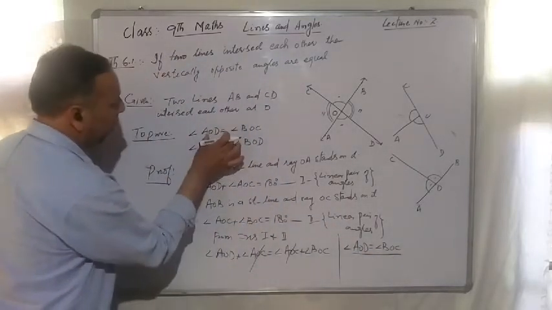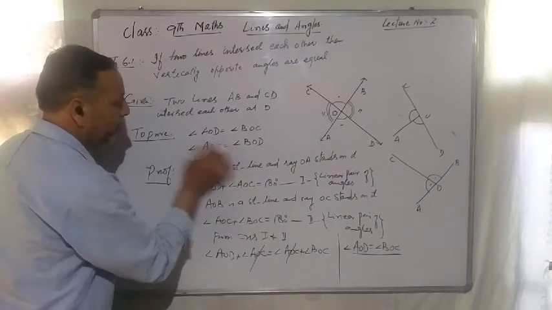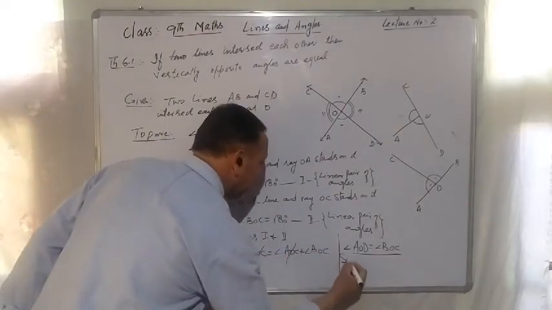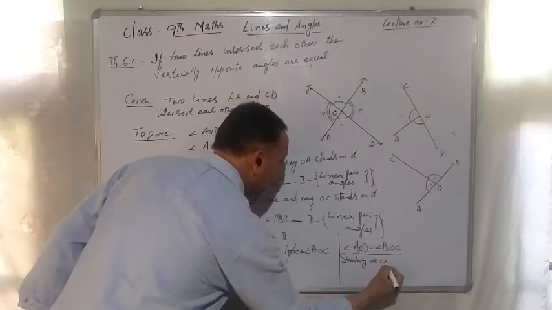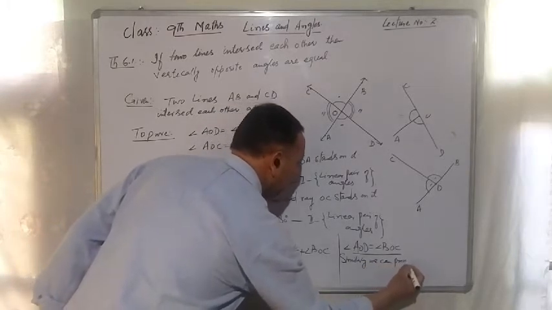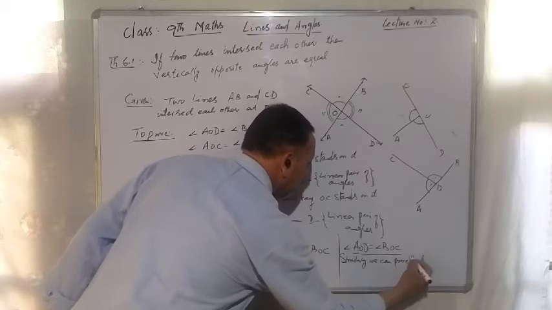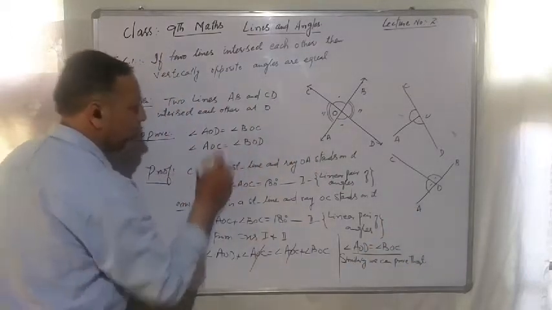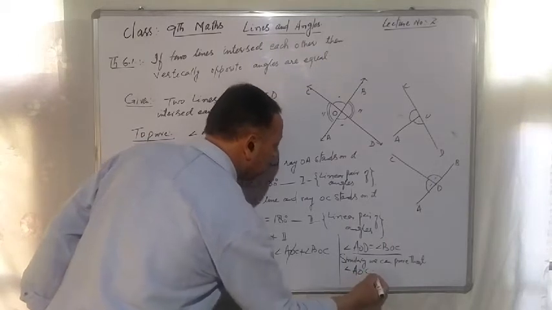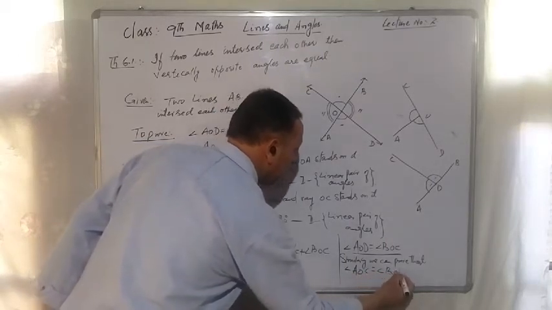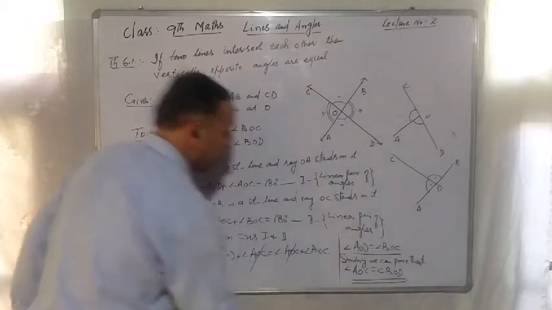This we have to prove. Angle AOD is equal to angle BOC. Similarly, we can prove that angle AOC is equal to angle BOD. This proves our theorem.